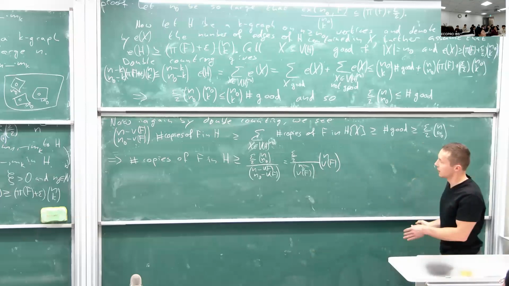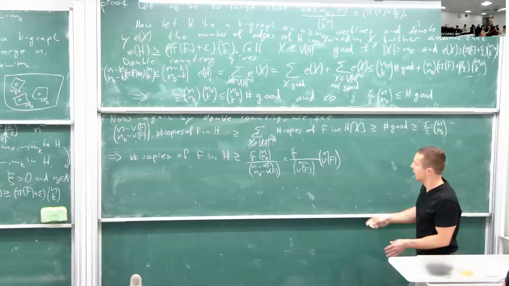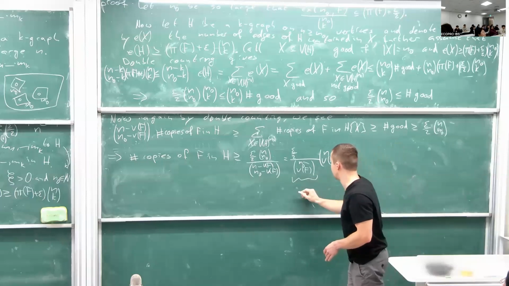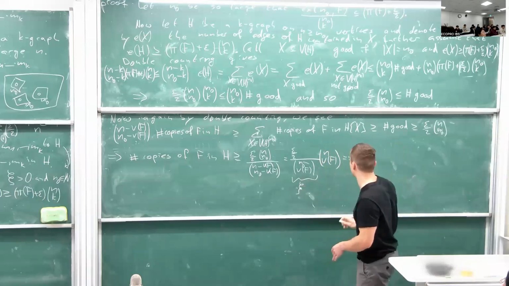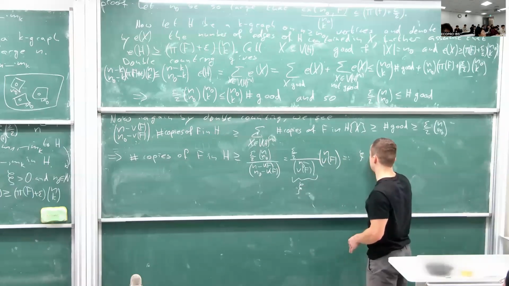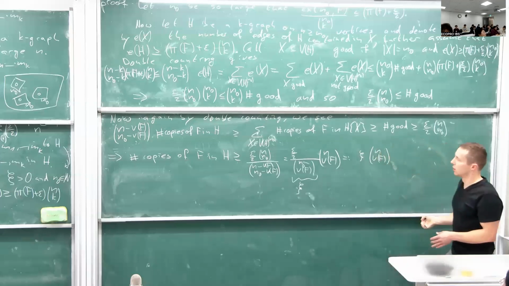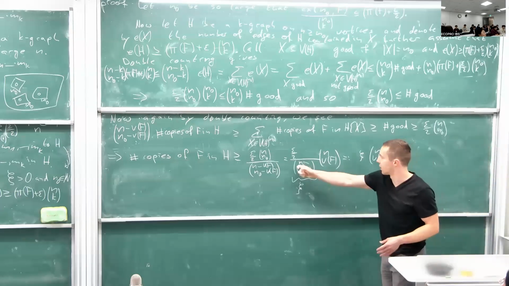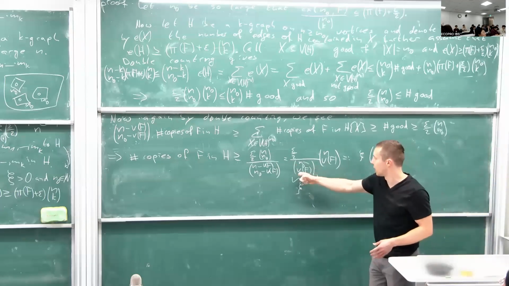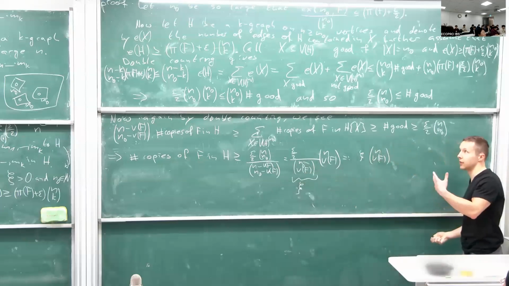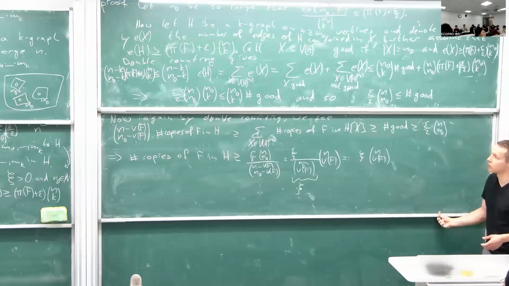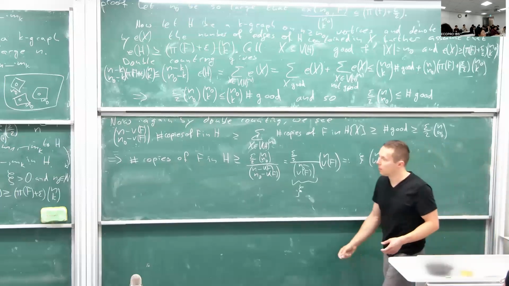Yes, okay, and then this part we can define as our C. Because this n0 and this VF are just some constants that we chose in the beginning, so this C is also some constant that we choose. Okay.